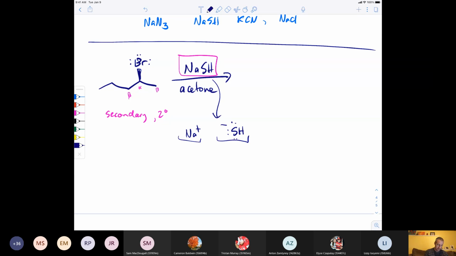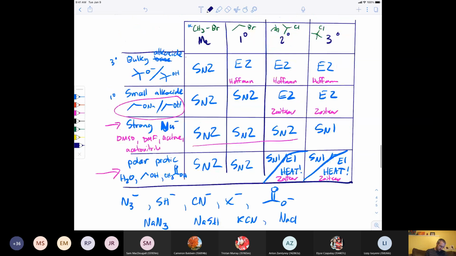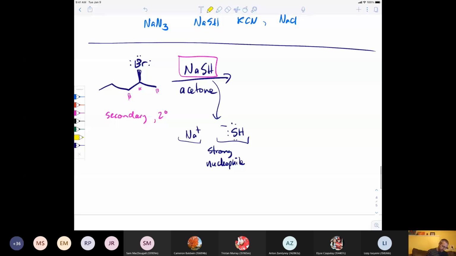The other one, the SH minus, is not an alkoxide, so we would call that a strong nucleophile. So we can go up and look at our table and look up a secondary alkyl halide and strong nucleophile, and they intersect here where it's SN2. So SN2 is what we want to draw.